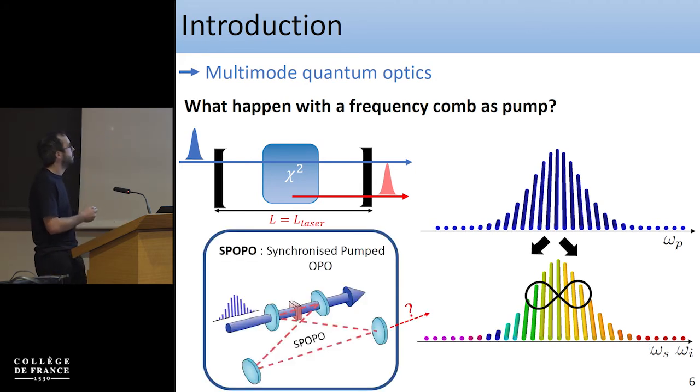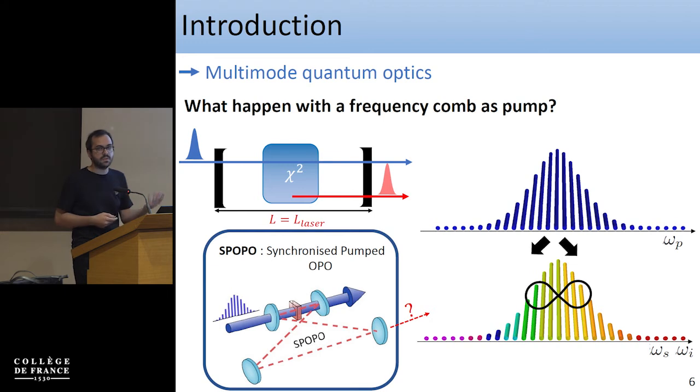This cavity is called the SPOPO. It's just like an OPO cavity in the frequency comb domain, and we have to make sure that the length is set to be resonant for this red frequency comb.